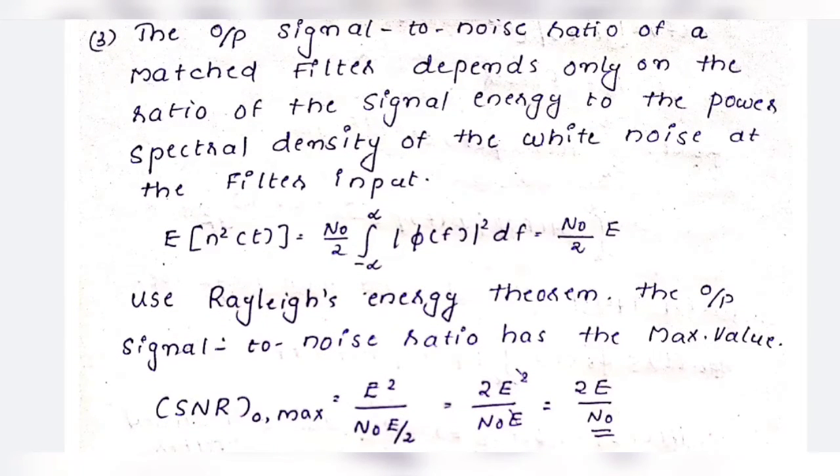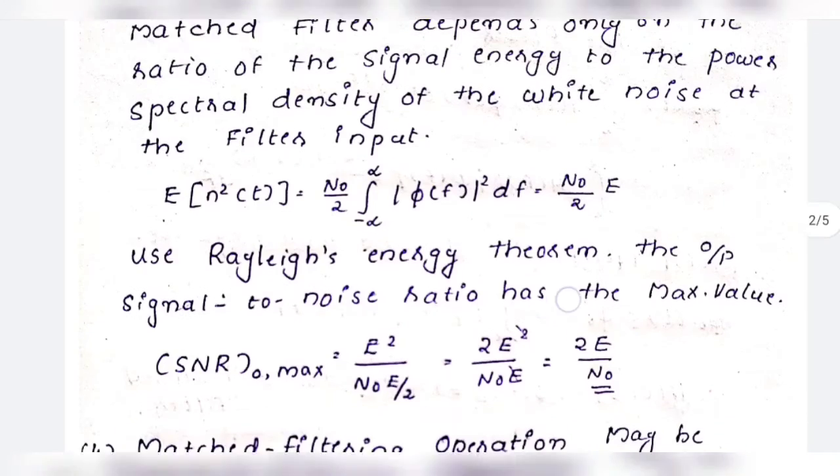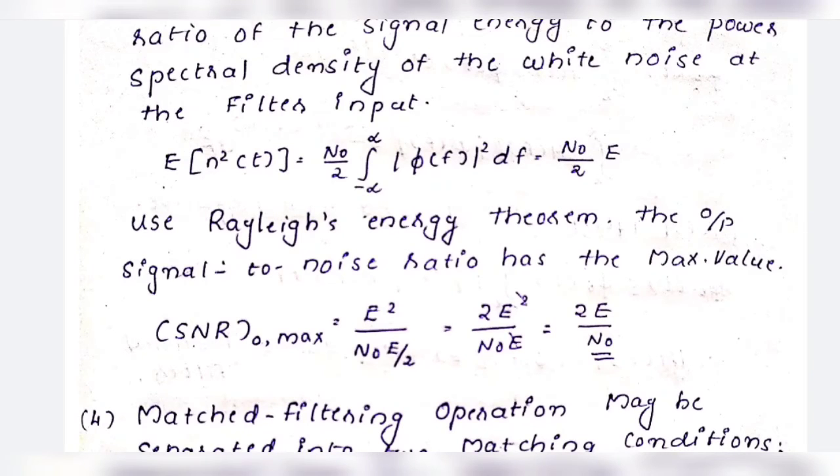E of n square of t is equal to N0 by 2 integral minus infinity to infinity modulus of phi of f square df, which is equal to N0 by 2 E. Using Rayleigh energy theorem, the output signal to noise ratio has the maximum value. So SNR is equal to E square by N0 E by 2. Rearranging and cancelling the terms, we get 2E by N0.